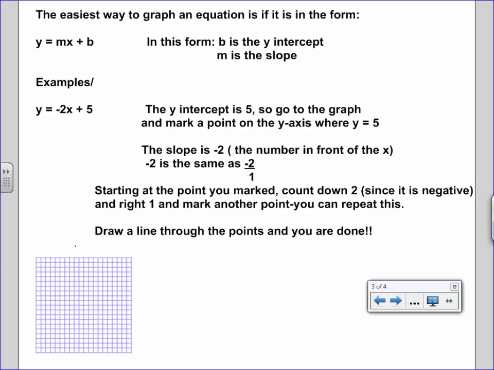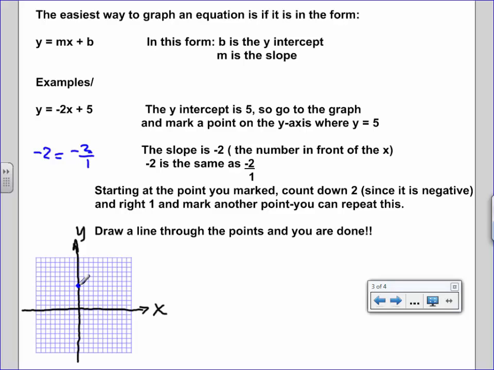So let's draw our x and y axis. So we're going to start at where y is +5. That's our y-intercept. Start right there and mark a point. Now what we set up here is -2 is the same as -2/1.